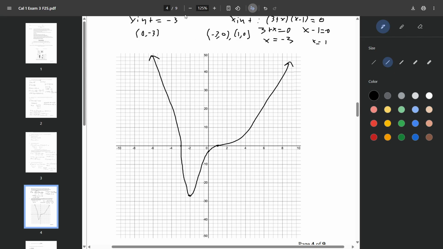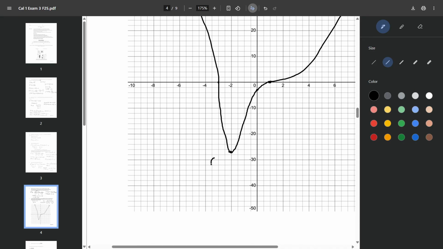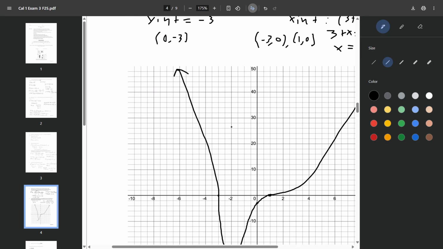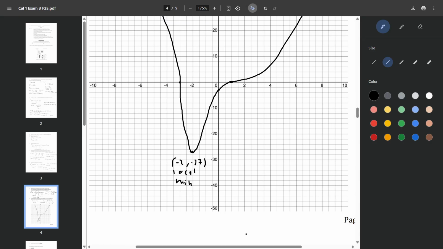And let us label our points even more just to make sure we haven't made any mistakes. So -2, -27, local min, as the question asks us. Yes, our inflection points are also very important.